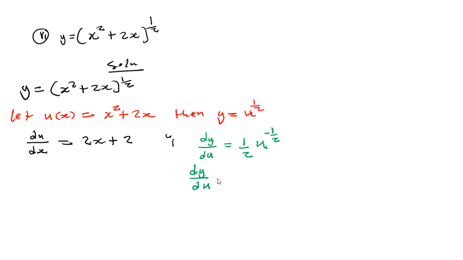So dy/du can simply be equal to 1 over 2u to the power half, because that power is negative. After we do this, we can now write down the formula.